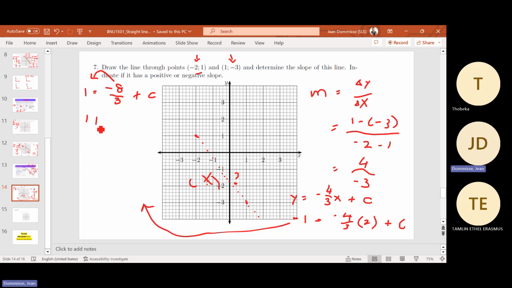So 1 minus 8 over 3 is equal to C. Okay, this is quite interesting. Why, did I make a mistake somewhere? -2 and 1. And 1 and -3 is there.